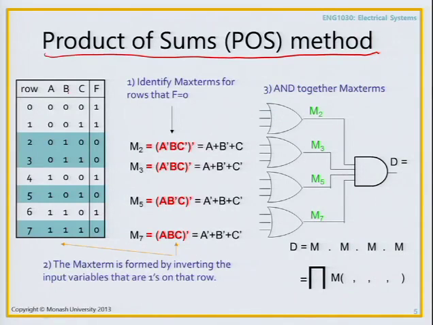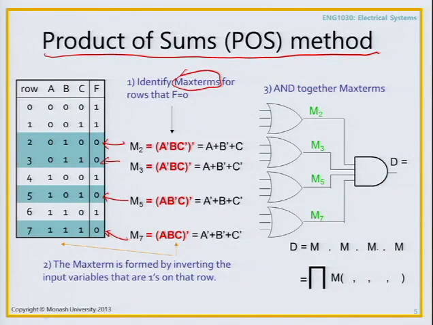Okay, and in this case, what we do is we identify all the rows which are 0 in the truth table. So from that last example, these rows are 0. And similarly, these are called max terms. Max terms are rows which are 0.